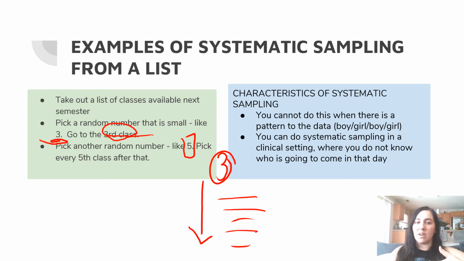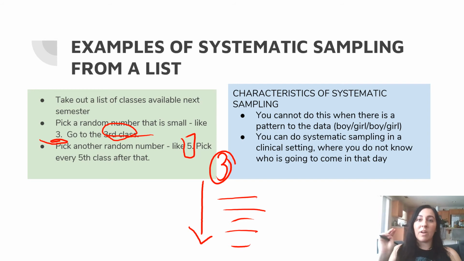It might not be very random, because you might be leaving out certain specific individuals that are important to be represented in your sample. But since you're using a pattern on top of the pattern, for example, what if your pattern was boy, girl, boy, girl, boy, girl? Let's just use that example. And the random number that you chose through systematic sampling was, let's say, 2. Or what if you chose 4 or something like that?